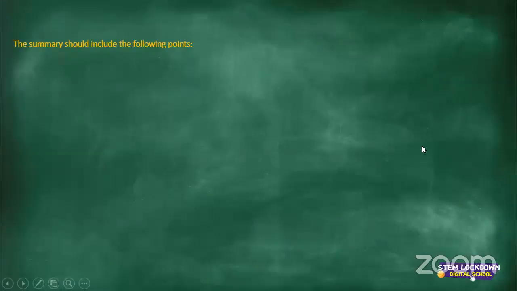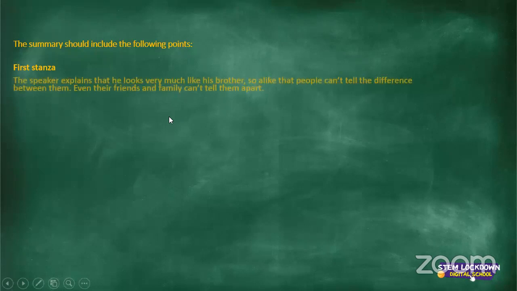Okay. So your summary should include the following points, okay? So for the first stanza, you are going to say that the speaker explains that he looks very much like his brother.